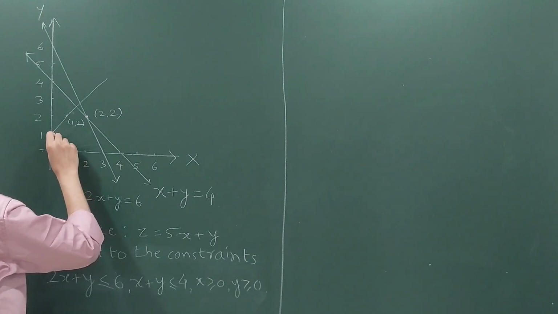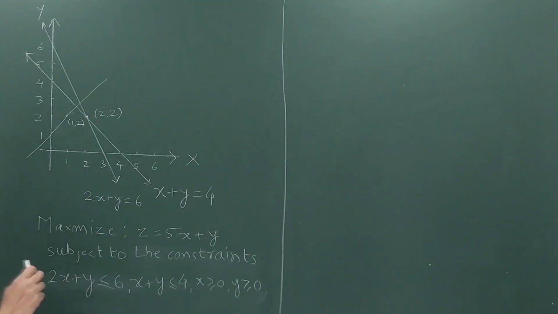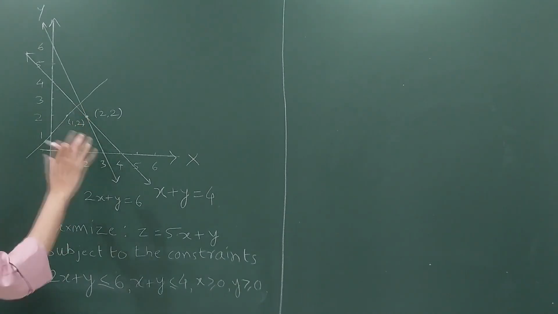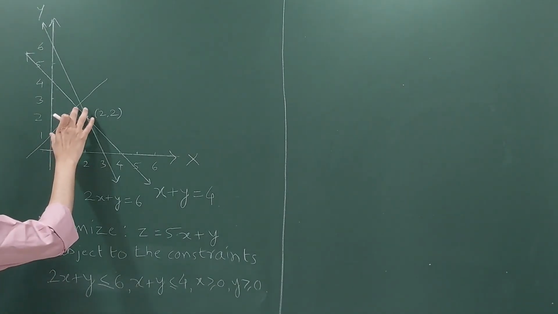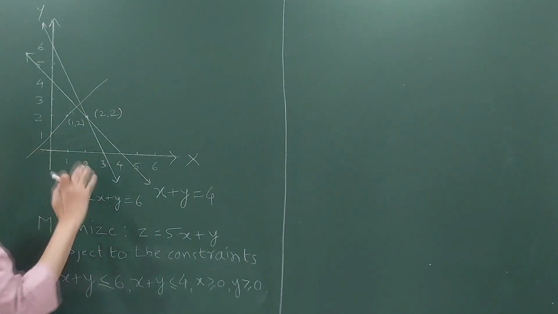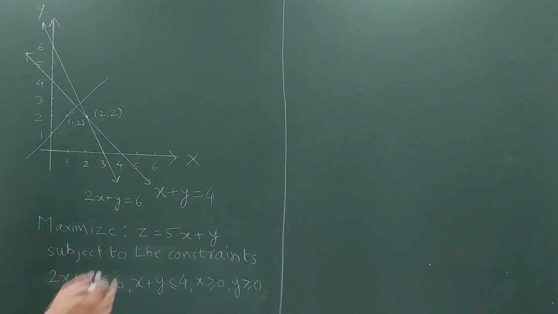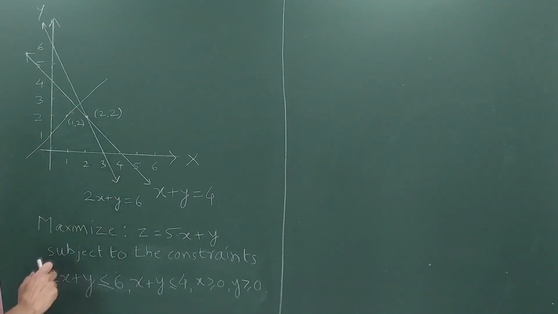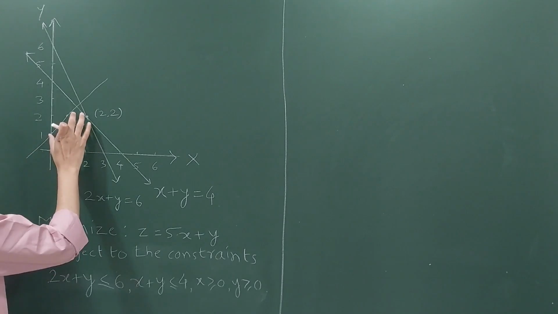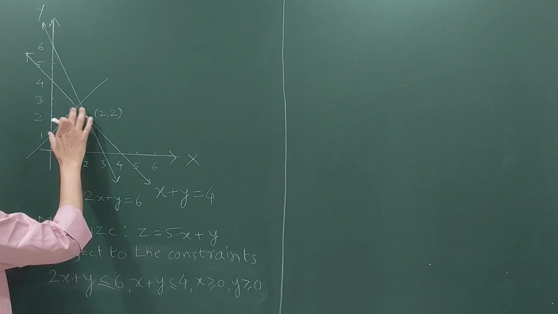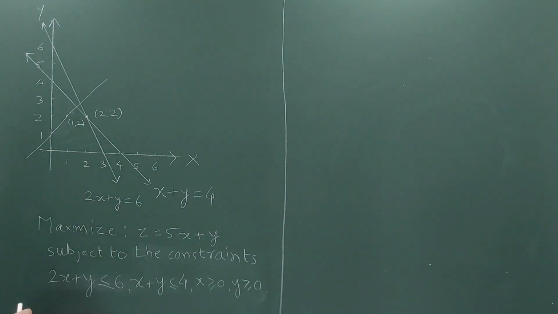Let us extend this line on both the sides, but the portion of this line that interests us is the one that lies inside the feasible region, because the part that lies beyond the feasible region is of no relevance to us. Therefore, let's focus on the segment that lies along this line and inside the feasible region. So this is the segment.